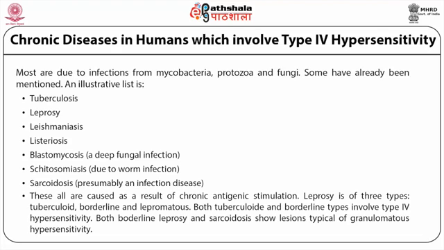Leprosy is of three types: tuberculoid, borderline, and lepromatous. Both tuberculoid and borderline types involve type 4 hypersensitivity. Both borderline leprosy and sarcoidosis show lesions typical of granulomatous hypersensitivity.